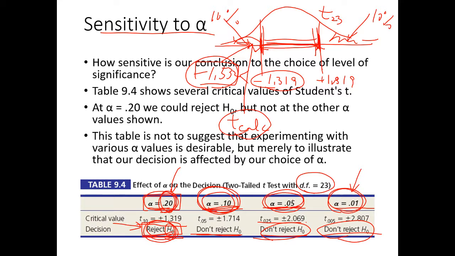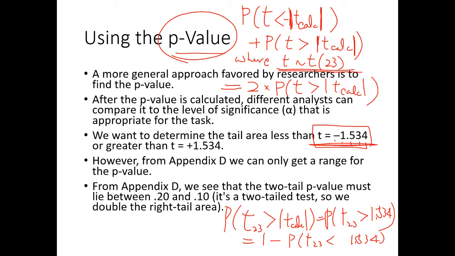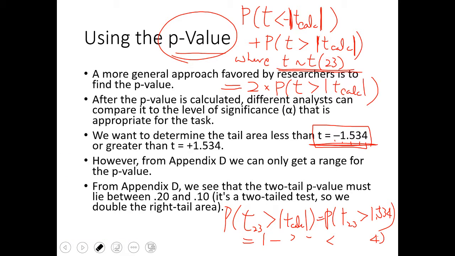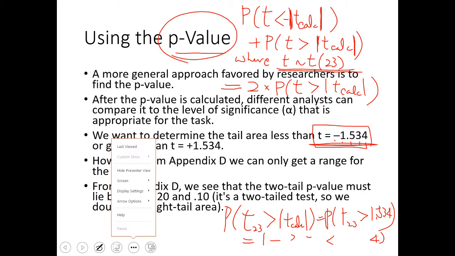So we are calculating the probability that the t distribution with degrees of freedom 23 is greater than 1.534.